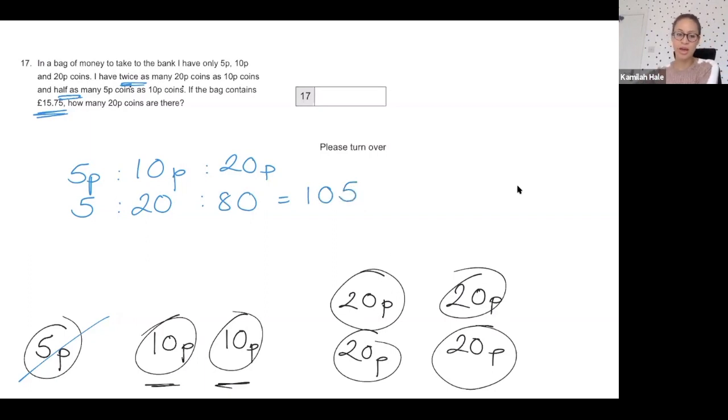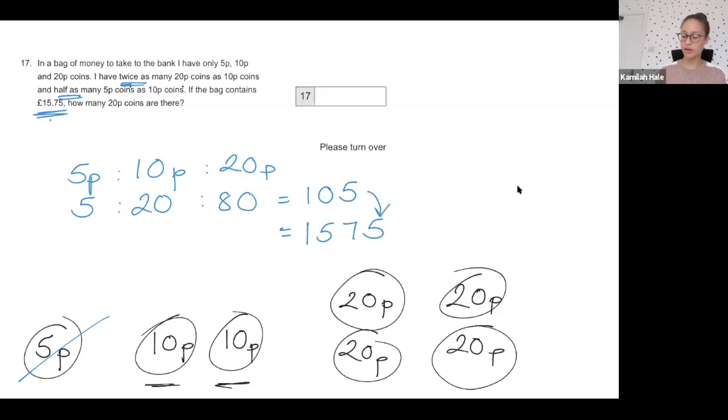And then what about the bottom row? So I put equals what? On that second row, that equals the number from the question, the total from the question. So 1575.